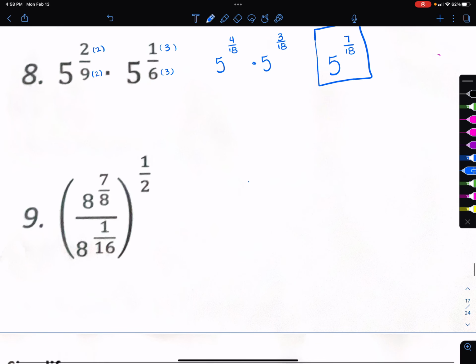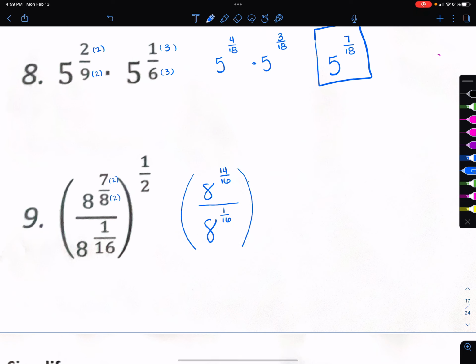So first off, I've got to find a common denominator. 8 does go into 16 if I multiply it by 2. So when I rewrite this, I have 8 to the 14/16 over 8 to the 1/16, still with the power of 1/2 on the outside.